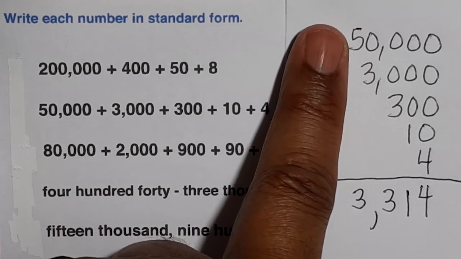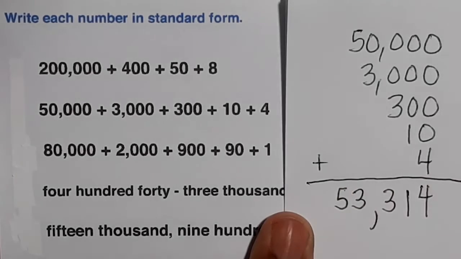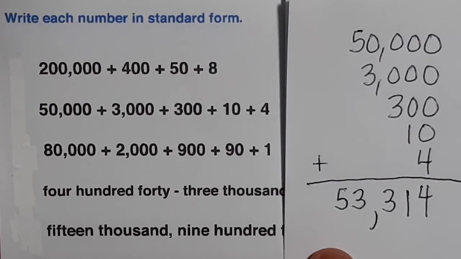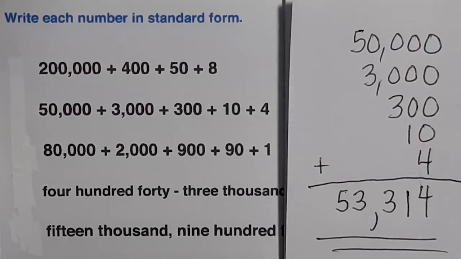And then in the 10,000s place, we only have the 5, so we bring down the 5. So our final answer is 53,314. Just make sure you line up all your numbers in the correct position, and you will do just fine.